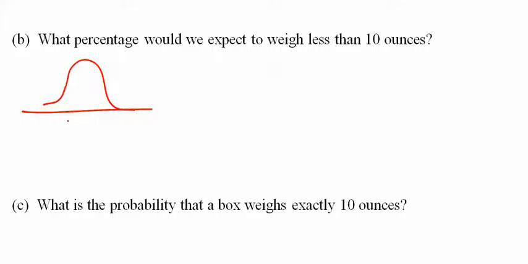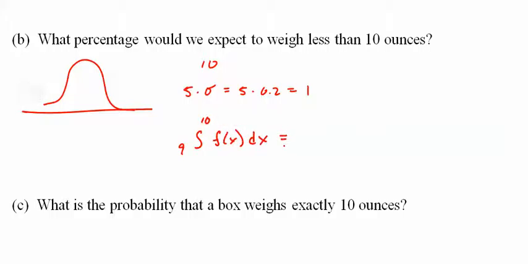So I literally say, all right, 10 ounces, 5 times sigma is 5 times 0.2 is 1. So then I change the problem to what's the probability that it's from 9 to 10 of f of x.